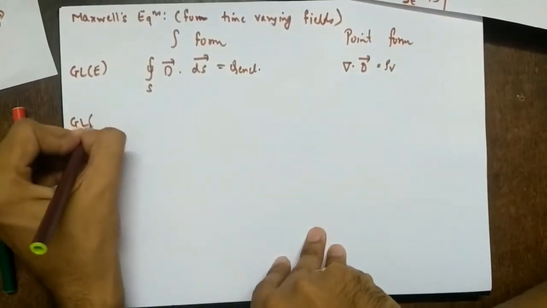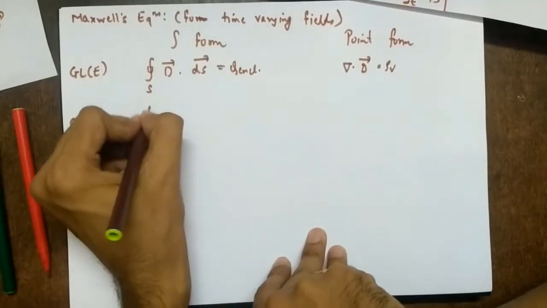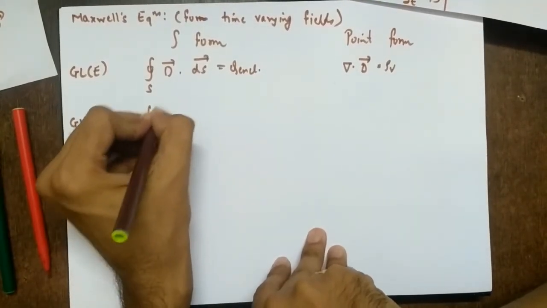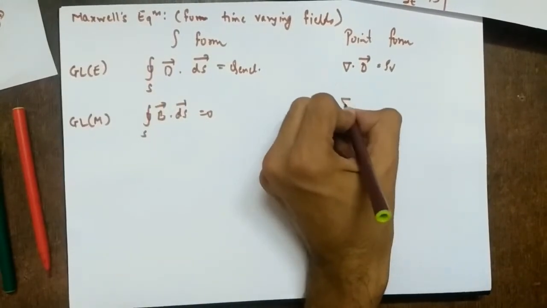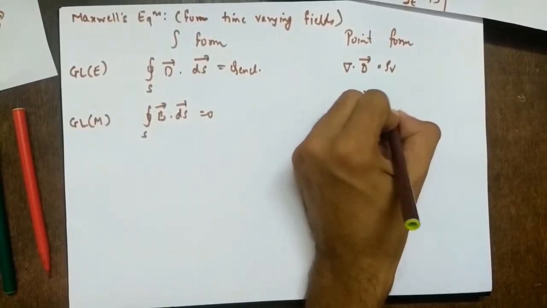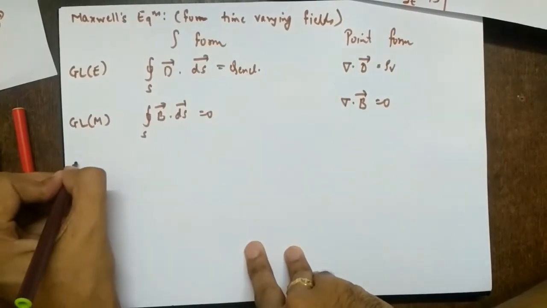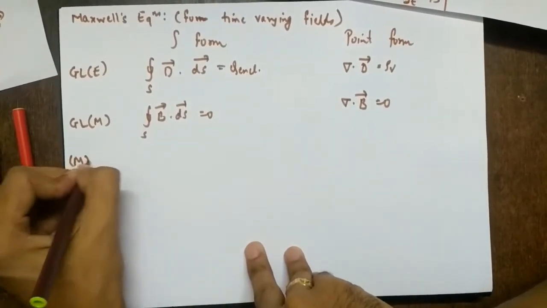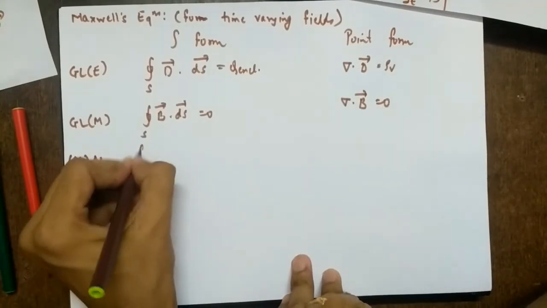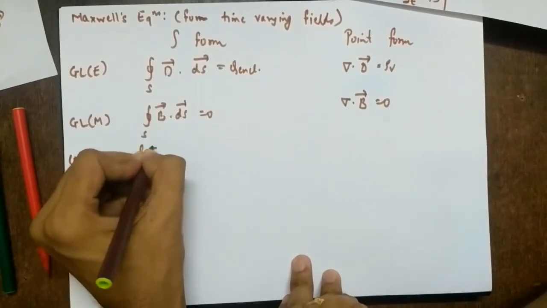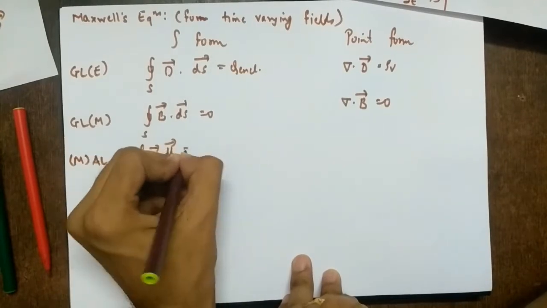Then we went to Gauss law for magnetic fields. Closed surface integral of B vector dot ds vector equal to 0. What is point form? Del dot B vector equal to 0. Then our Ampere's law is now modified, so it is modified Ampere's law. What is it? Closed contour integral of H vector dot dl vector equal to I enclosed.